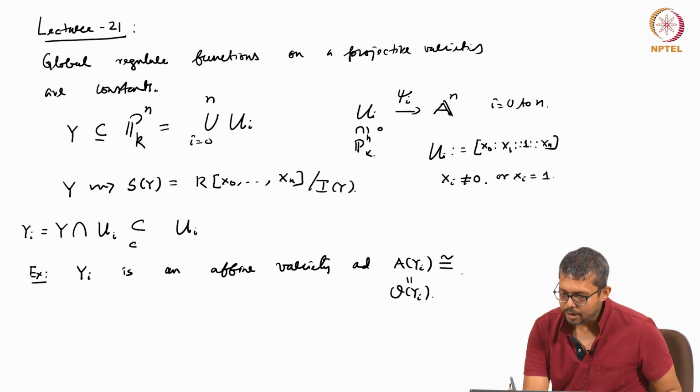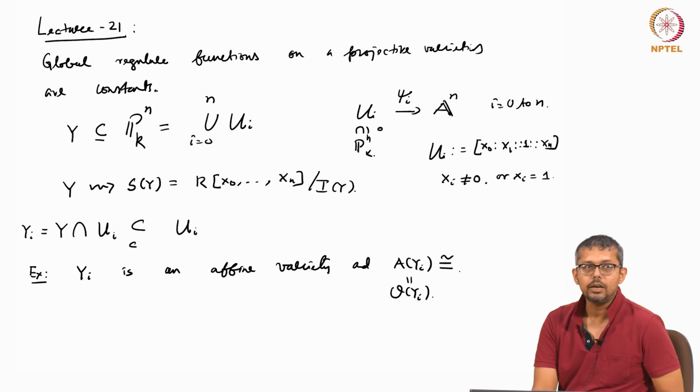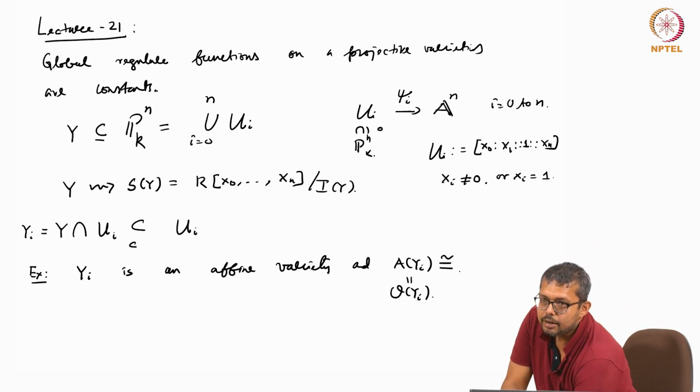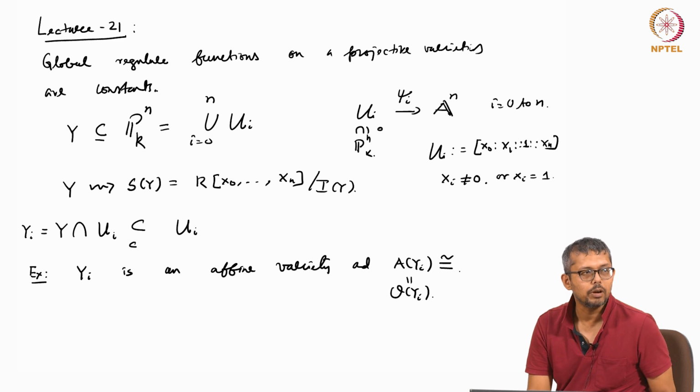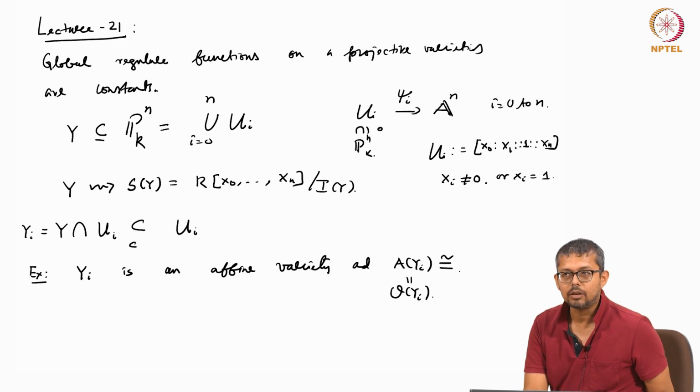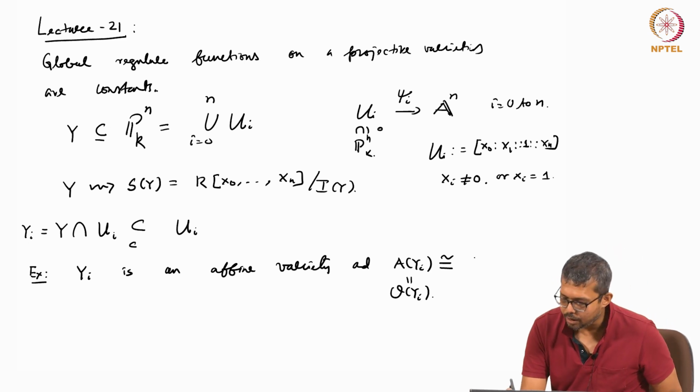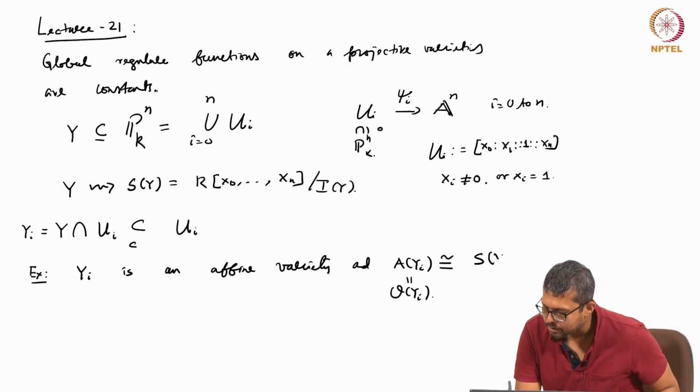So now A(Yi). What is A(Yi)? It is a ring, right? It is the coordinate ring of Yi, which is a closed subset of Ui. A(Yi) is nothing but S(Y) localized at xi, the degree 0 part.